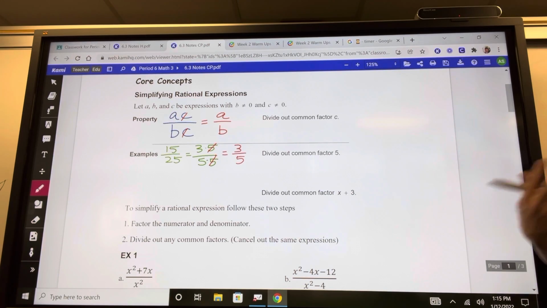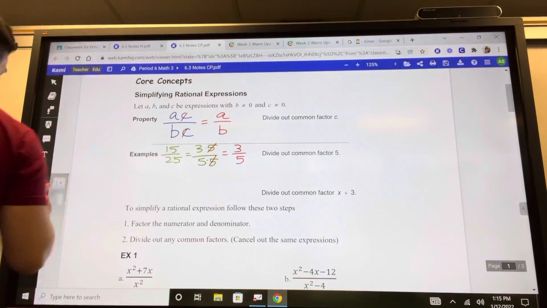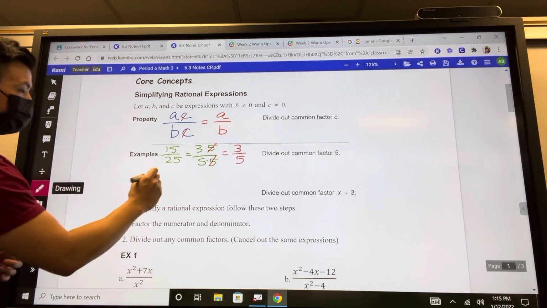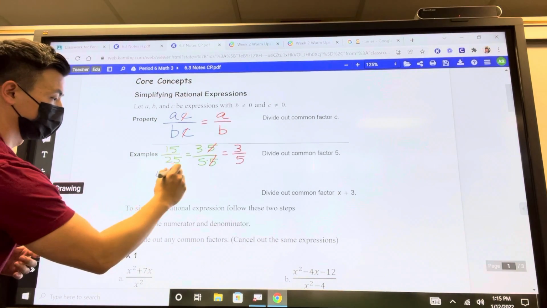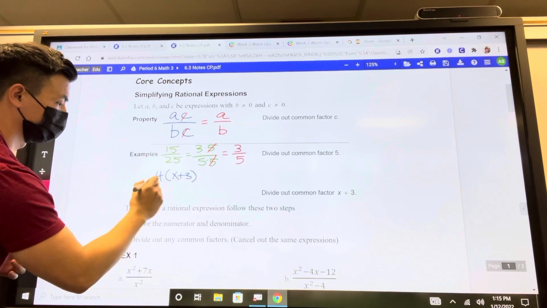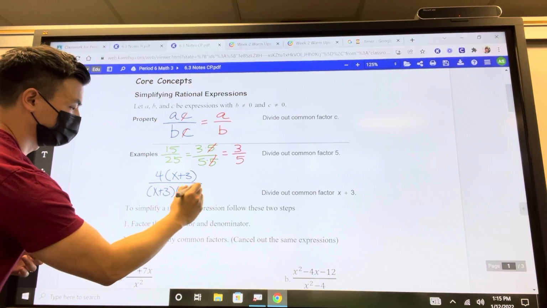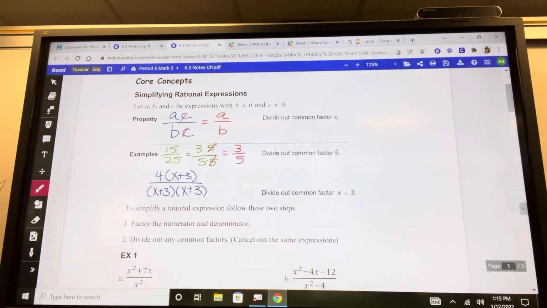So if I take this a step further, I can cancel out more than just numbers and variables. So if I have something like this, do I have anything in common in my numerator and denominator here? Yes. What is it?